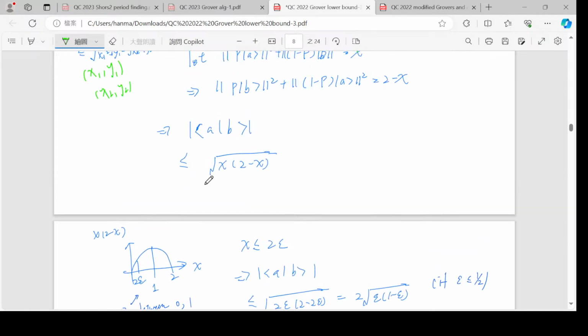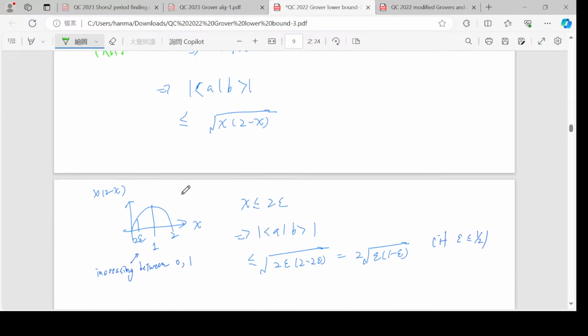And how does this function look? It is a square root of an inverted parabola. If you plot this, the function starts at 0 when x equals 0, goes to 0 again at x equals 2, and peaks at x equals 1.